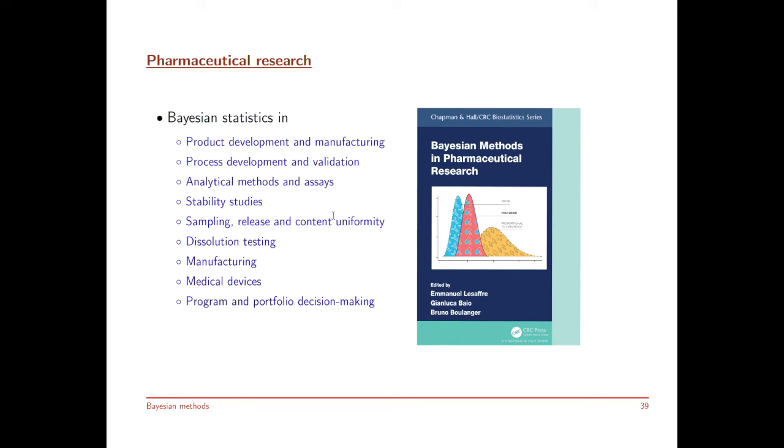Well, in our book in 2020, we gave an overview of the use of the Bayesian approach in product development and manufacturing, process development and validation, analytical methods and assays, medical devices, to indicate what could be the usefulness of the Bayesian approach in pharmaceutical research and to promote it.